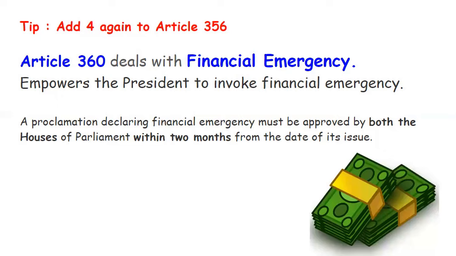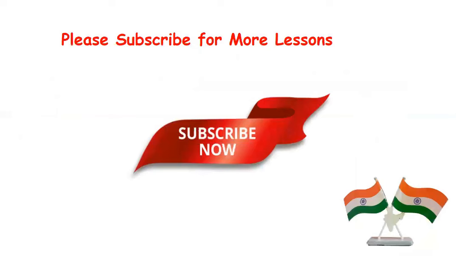Such a proclamation does not require the approval of parliament. Declaring financial emergency requires approval of both the houses, but revoking it can be done any time by the president, without the approval of parliament.